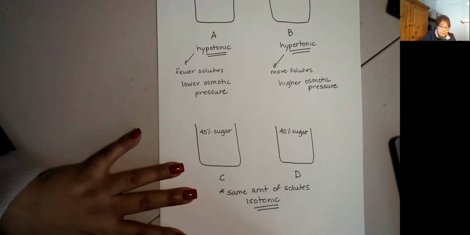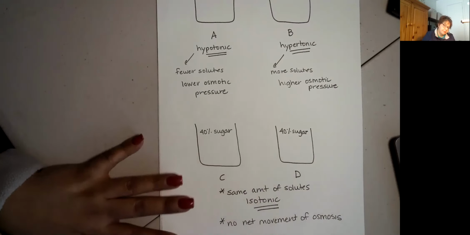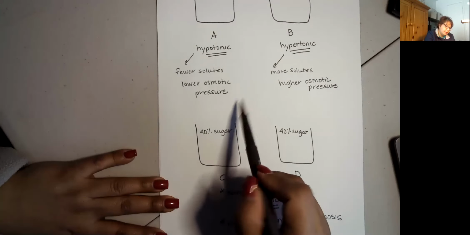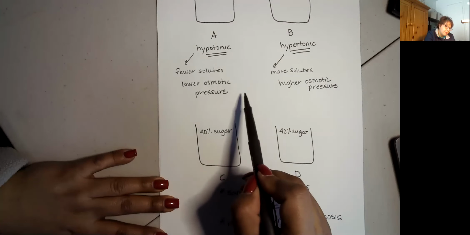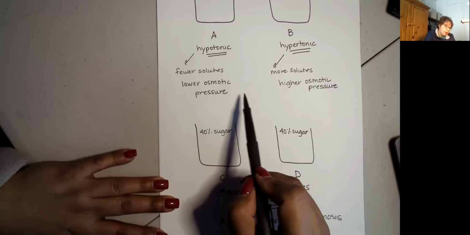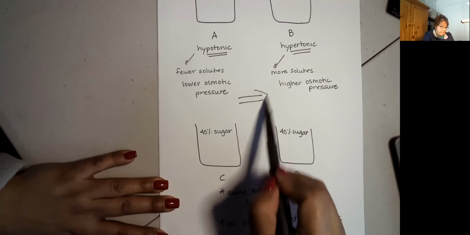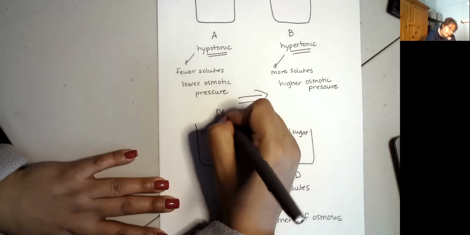If they were separated by a membrane, there's no net movement of osmosis. In this situation, it always goes to higher osmotic pressure, the net direction.